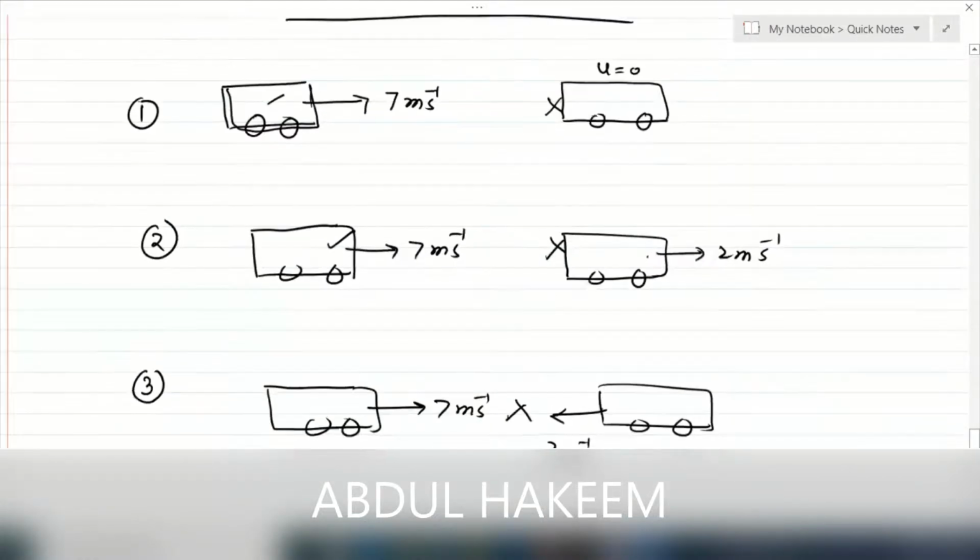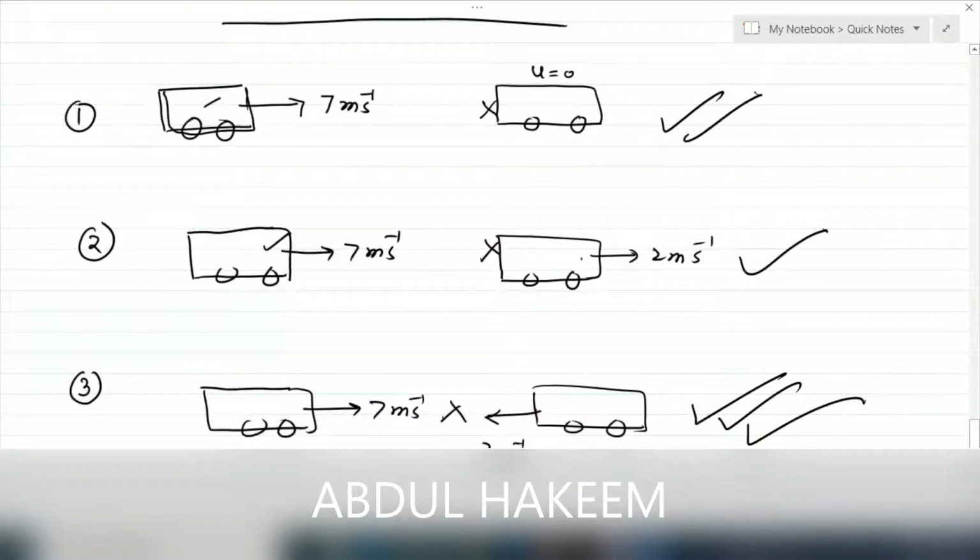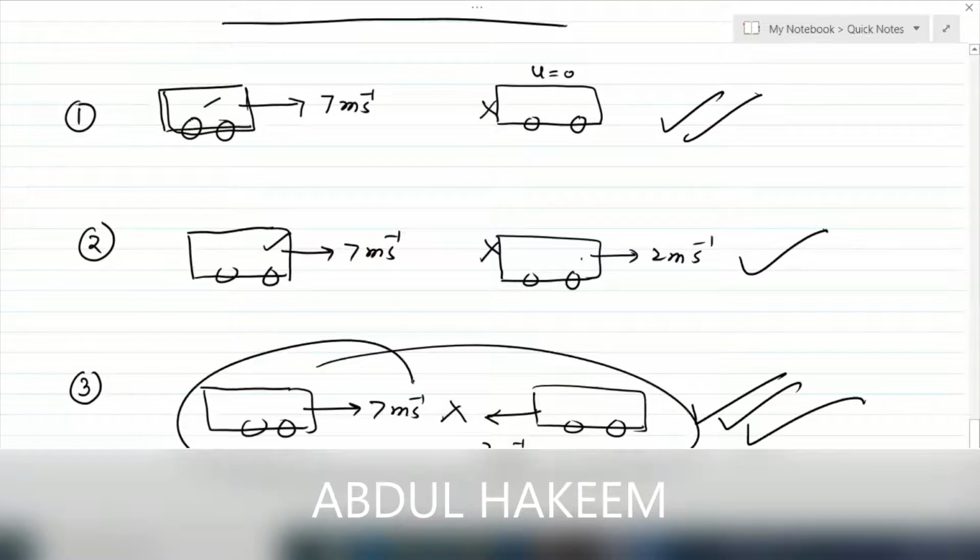Now, according to our knowledge, our experience, the intensity of the collision will be maximum in this, and minimum in this, and the medium in this. But in physics, we have to calculate this intensity of collision. So definitely head-on collision, this third one will be the strongest among three. But we have to calculate this.